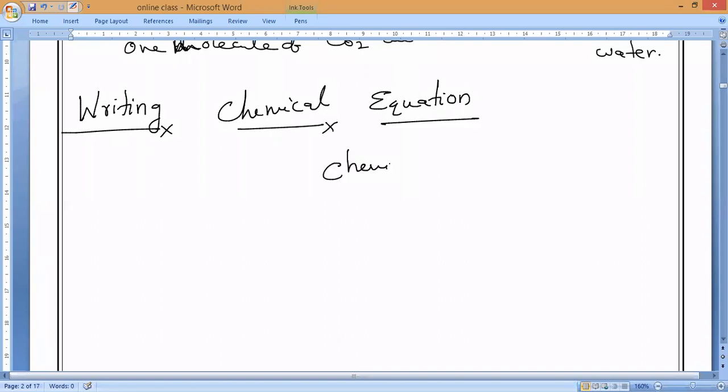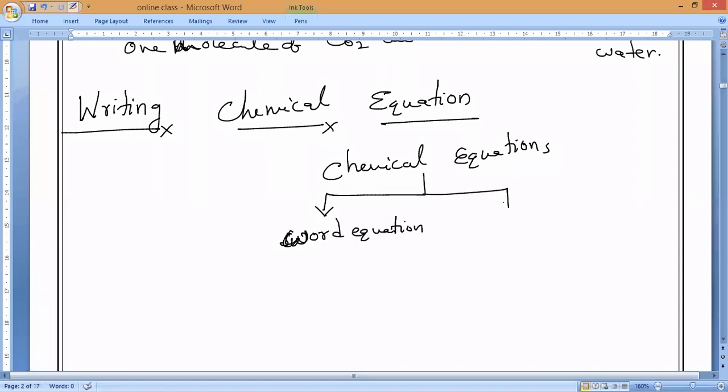Chemical equations are of two types. What is that? Anybody? One is the word equation. What is the first one? Word equation. And the second one is symbolic equation. Clear, everyone?